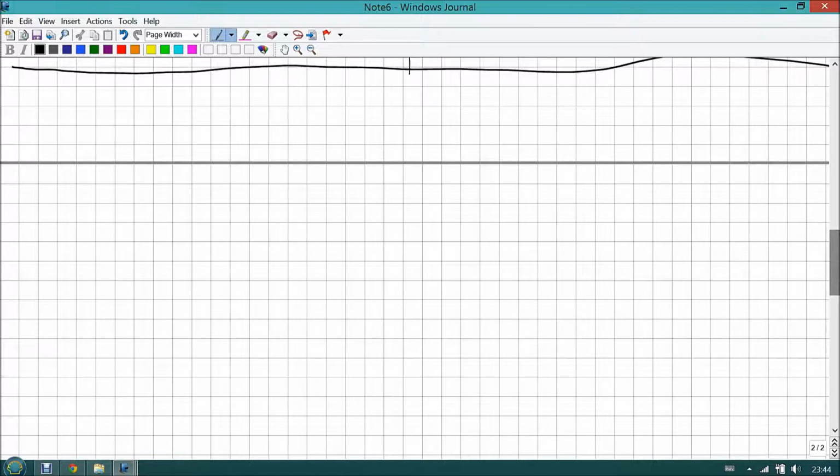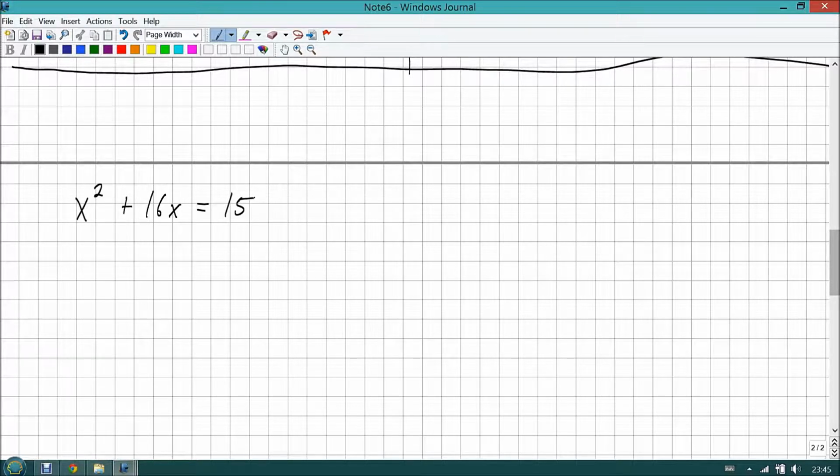So let's take a look at another one. Let's see if they have a good one here. Okay, let's say that we have x squared plus 16x is equal to 15.